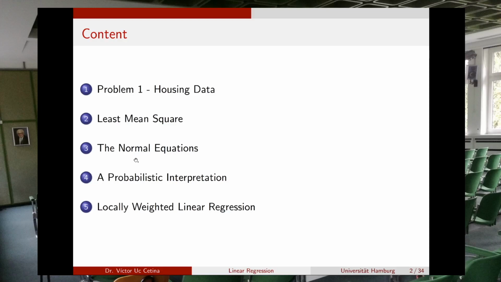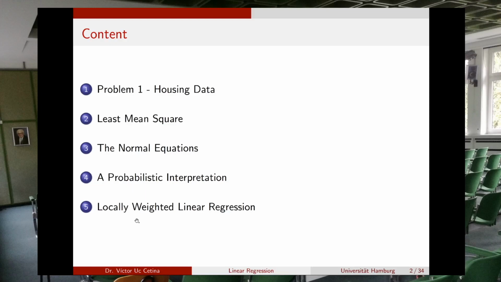Then we will see how we can solve that simply using what we call normal equations. And then I will explain the probabilistic interpretation of this method. So why is it convenient to use this least mean square error for solving linear regression.